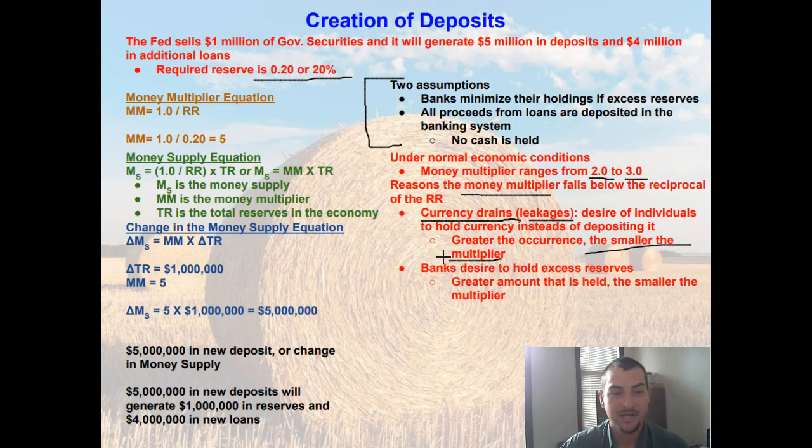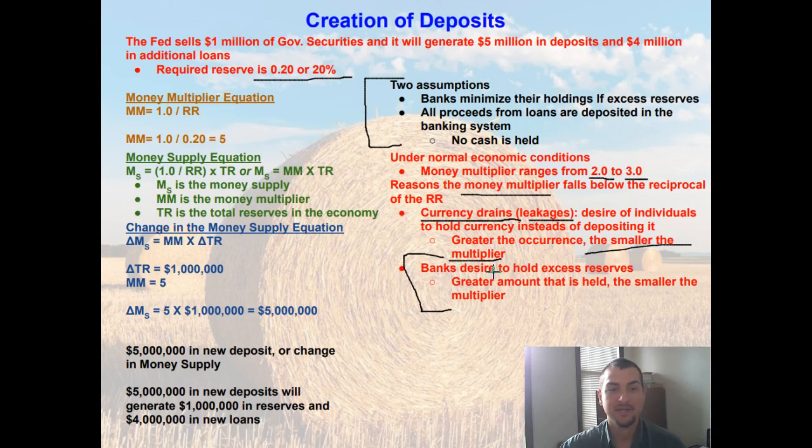Also, the second aspect that breaks that assumption is that banks desire to hold excess reserves. So they don't want to loan out all of the amount that they possibly can, just to offset the risk of not meeting their required reserves or not having enough money on hand in case of withdrawals or anything like that.